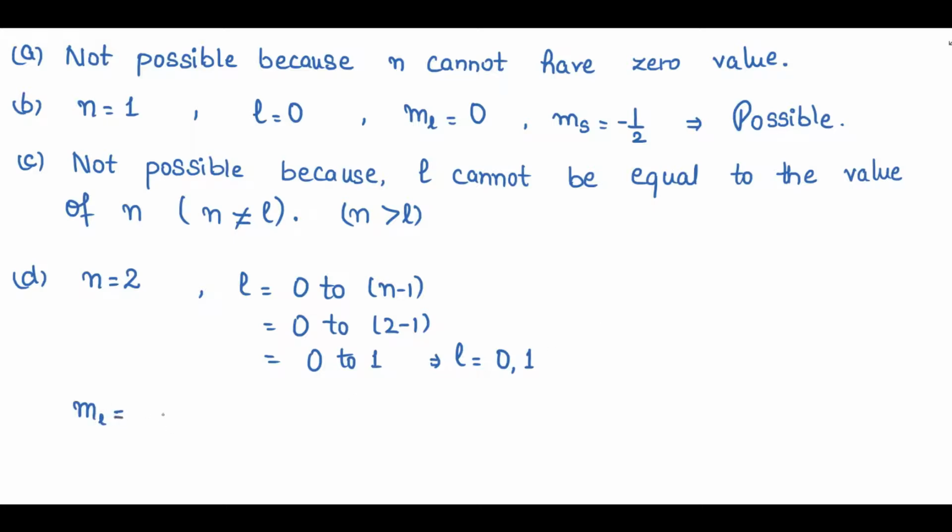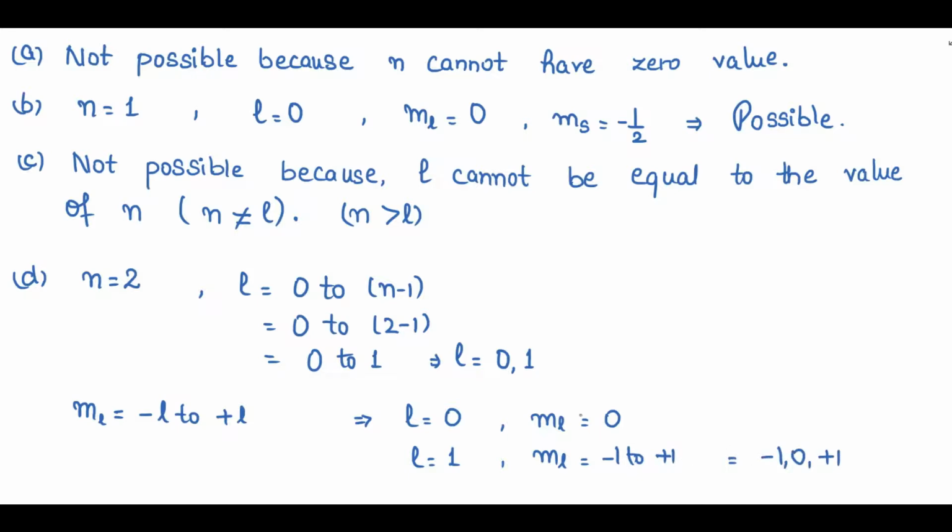m_l will be minus l to plus l. So first of all, when l equal to 0, in this case m_l will be 0. When l equal to 1, in this case m_l will be minus 1 to plus 1, that means minus 1, 0, plus 1. So we have m_l equal to 0.